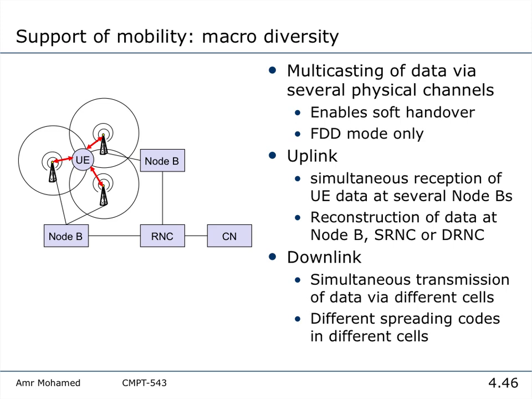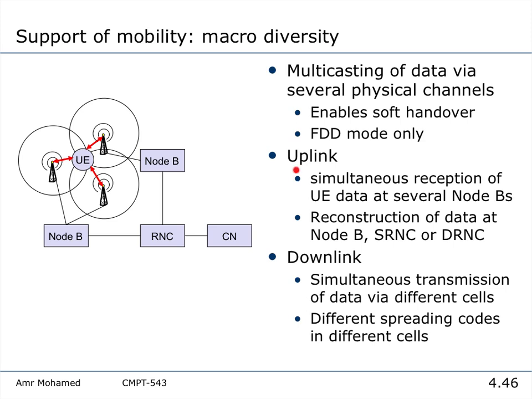Unlike GSM. GSM doesn't do that. It allocates the resources on both BTSs, but it uses one BTS at one point of time. Here we can multicast the traffic on multiple BTSs, 2 or 3 or something. You see?